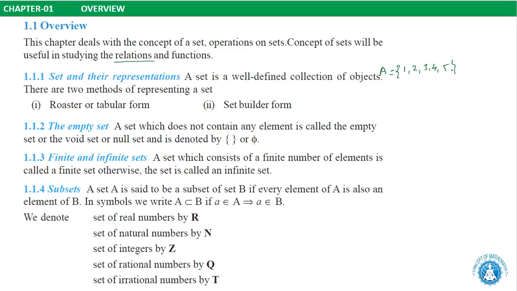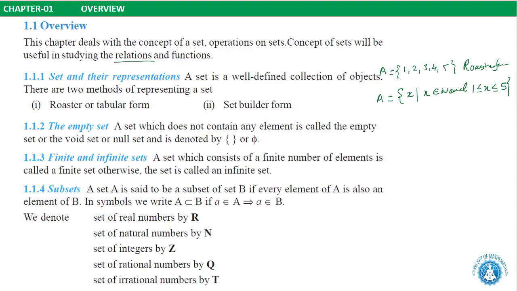Take set A. I have written all the elements of set A, so this is roster form, and I can write it in another form: set of all x such that x belongs to natural numbers and x is greater than or equal to 1 and less than or equal to 5. So both are the same.